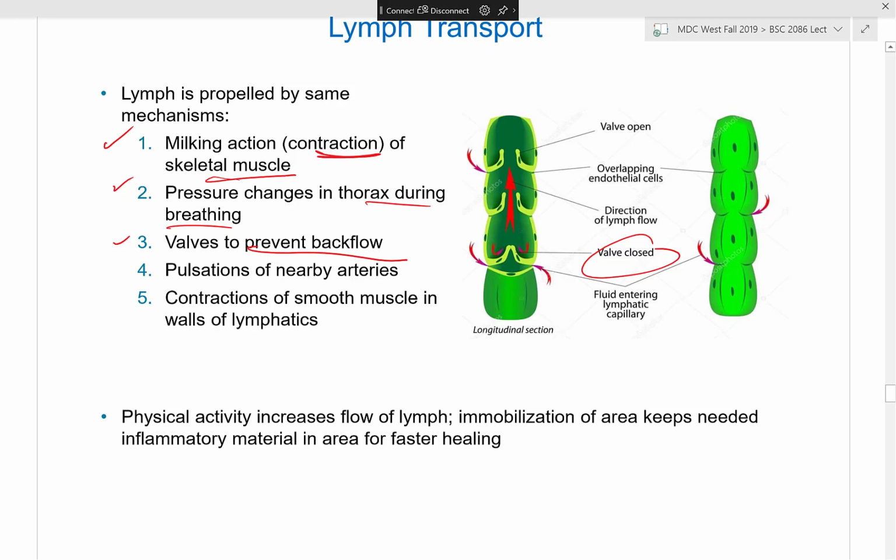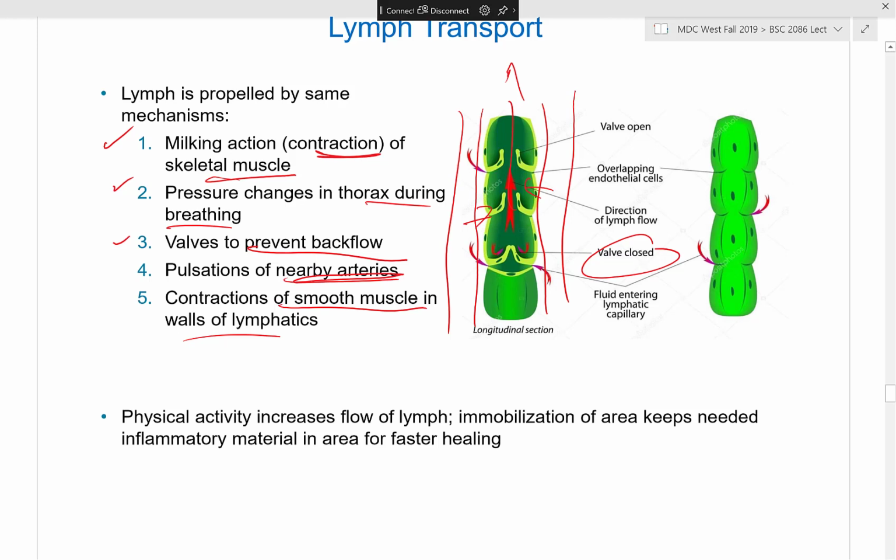Since they're really deep, just like the arteries, the pulsation of the nearby arteries is going to help with this. So imagine you have an artery on one side, an artery on the other side. As they pulsate, they're going to compress to the middle, and it's going to push the fluid overall to the top. Okay? The last but not least is the contraction of smooth muscles on the walls of the lymphatics.